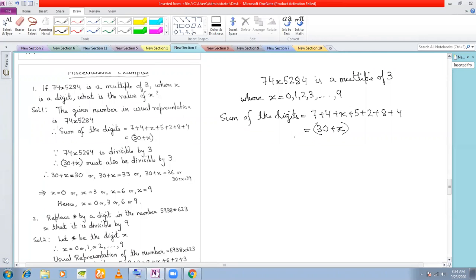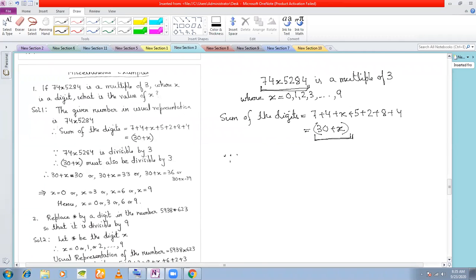Now, what is the divisibility test for 3? When the sum of the digits is divisible by 3, then the number must also be divisible by 3. So if this number is divisible by 3, then the sum of the digits also has to be divisible by 3, right?